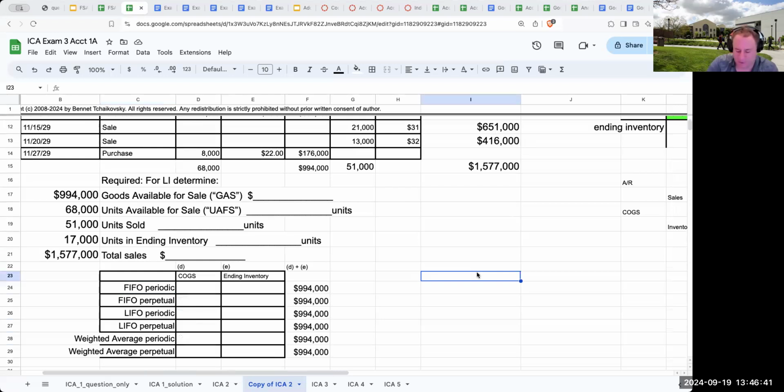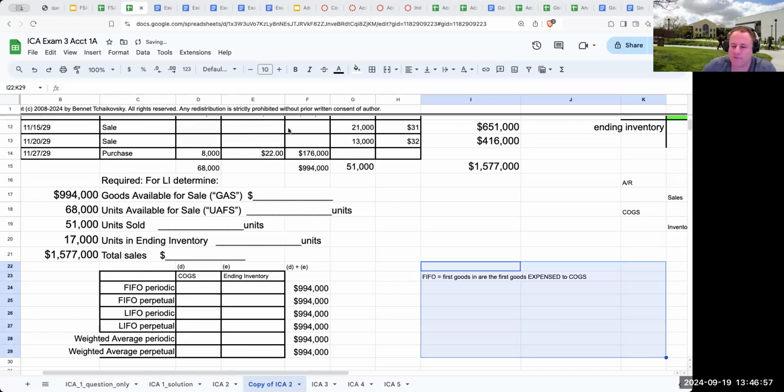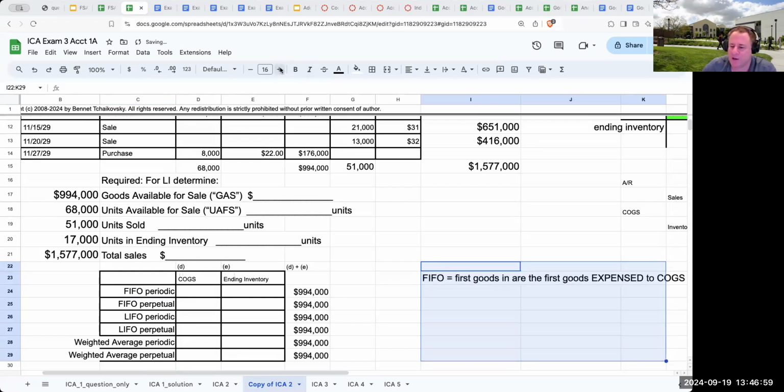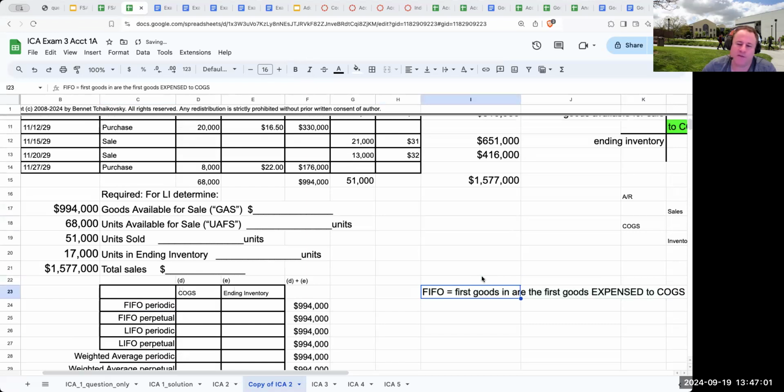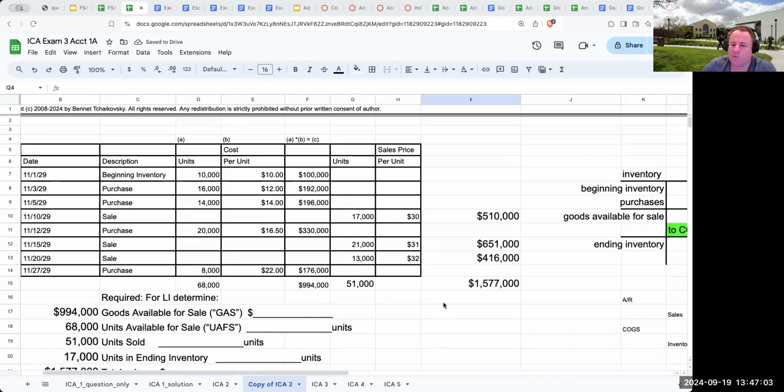What does FIFO mean? FIFO means that the first goods in are the first goods expensed to cost of goods sold. So FIFO, first in, first out. What does that mean?